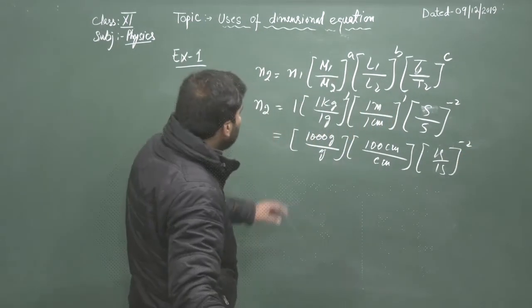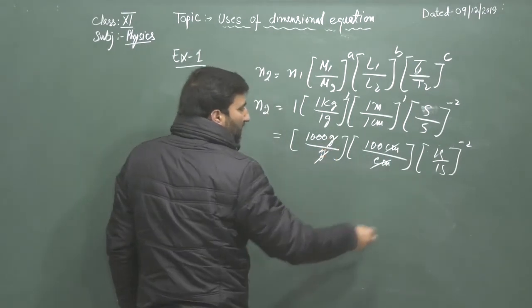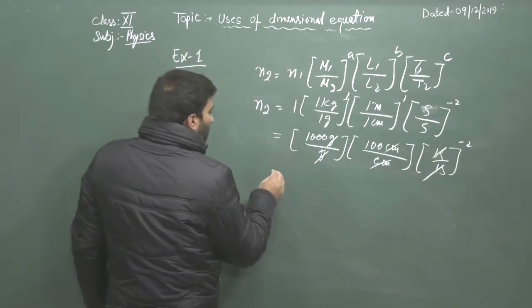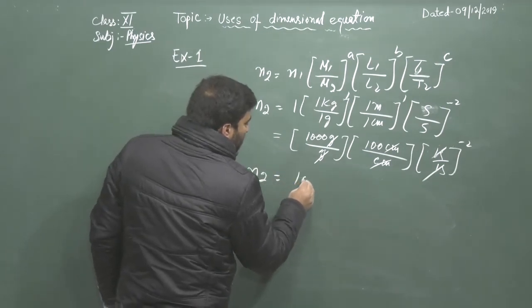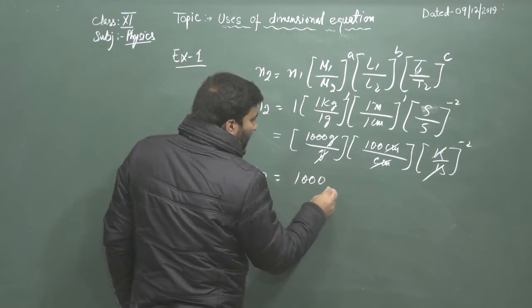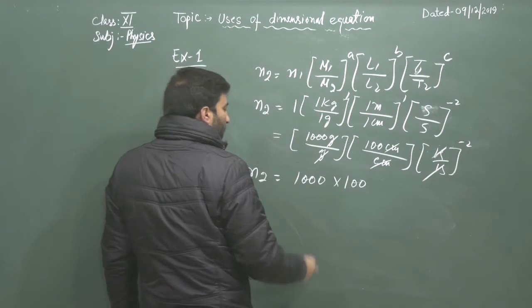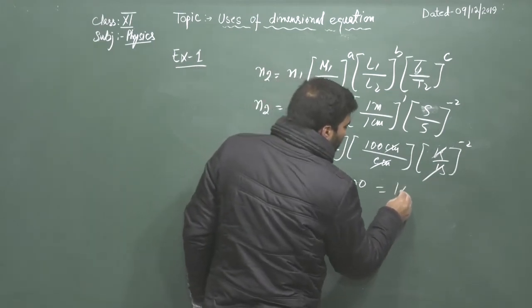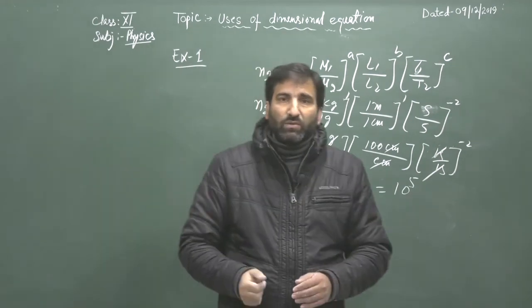While solving this equation, gram and gram will cancel, centimeter and centimeter will cancel, second and second will go. We will have N2 is equal to 1000 into 100, which is equal to 10 raised power 5. So N2 is equal to 10 raised power 5.